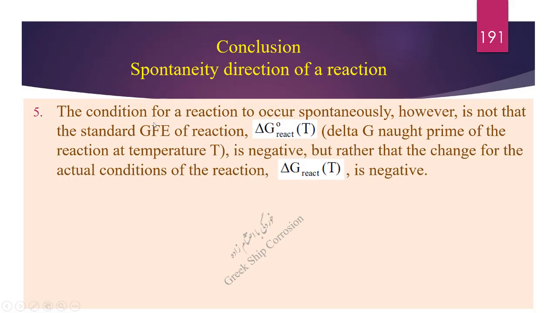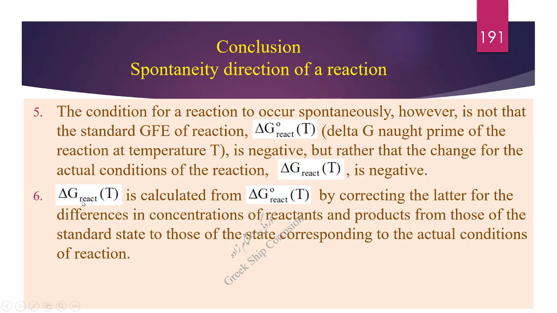Spontaneity and direction of a reaction. The condition for a reaction to occur spontaneously, however, is not that the standard Gibbs free energy of reaction, delta G naught prime, of the reaction at temperature T is negative, but rather that the change for the actual conditions of the reaction, delta G of the reaction at temperature T, is negative.